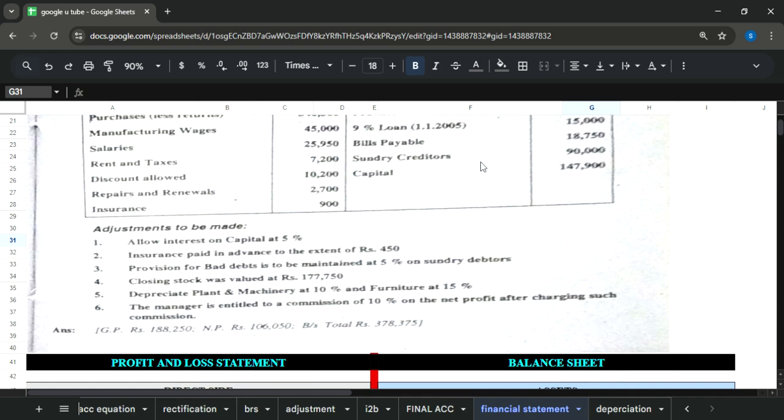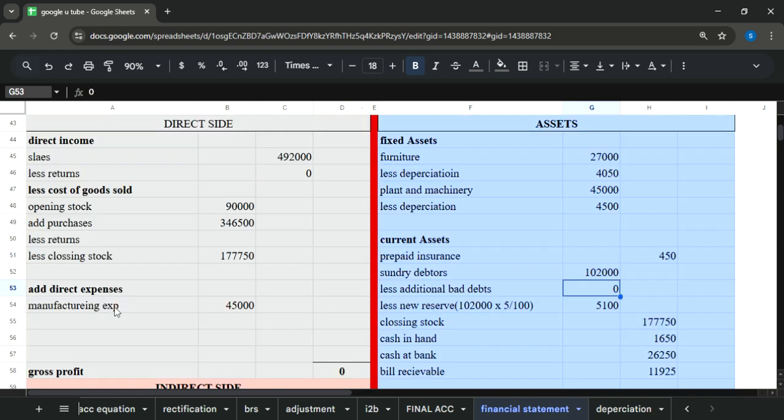All elements present in the trial balance are entered, and all adjustments except this 6th. I'm sure you remember that we have left this 6th adjustment. So 5 adjustments are entered, all elements in the trial balance are entered, only this 6th adjustment is due to be entered, and we are waiting for the dummy net profit.